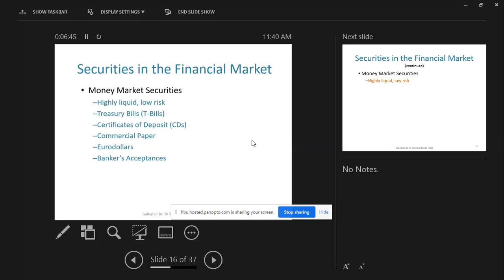Signed by the company, it's commercial paper. What about signed by the bank? Banker's acceptance: if that paper is signed by the bank, say JP Morgan, it's even more trustworthy because it is signed by the bank. That is called banker's acceptance.